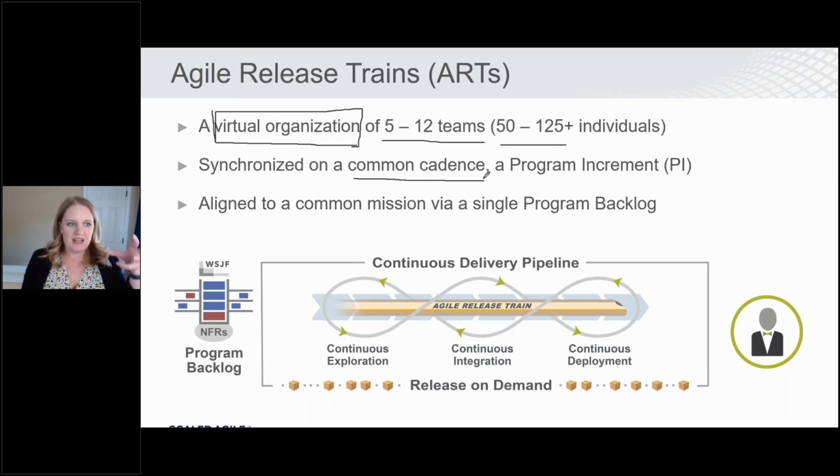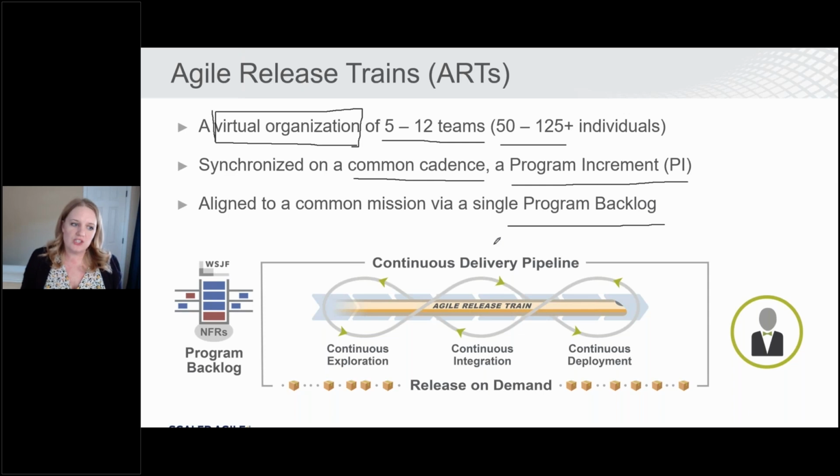And we also may add a program increment, which is a collection of those sprints or iterations. They're also aligned to a common mission around a single backlog. So they're working together as a large team with a single program backlog.